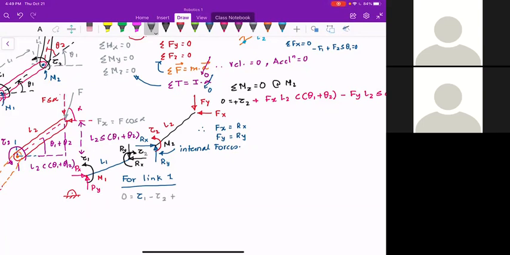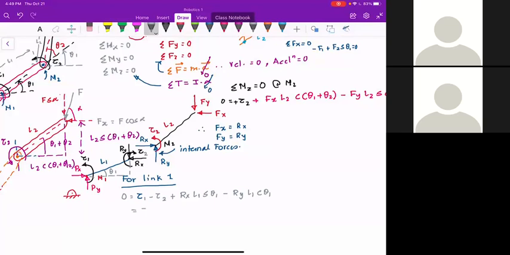plus, and again, let's look at the distances. This angle is theta 1. So you are going to have Rx L1 sine theta 1 minus Ry L1 cosine theta 1.